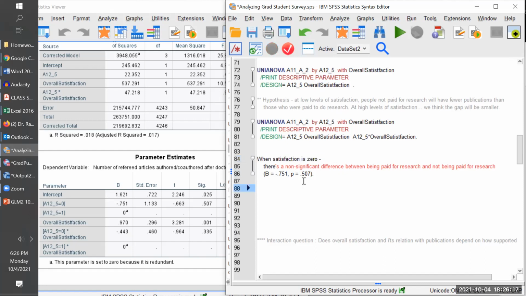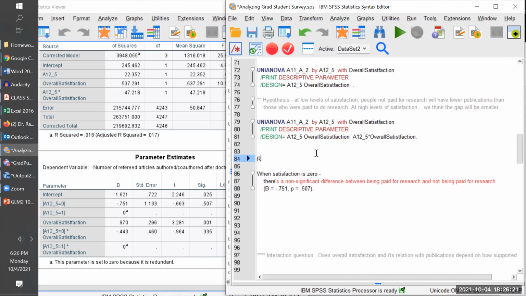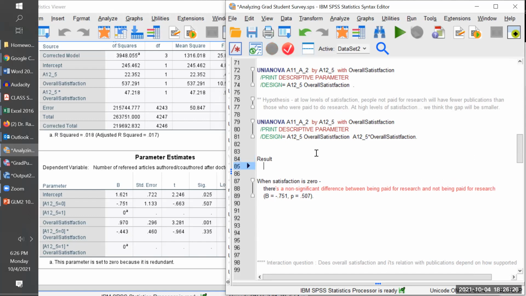Let's write the little linear equation. y equals, what do I put first? 1.62 plus negative 0.751 times paid. Can I call it paid? You know what I mean if I say paid?